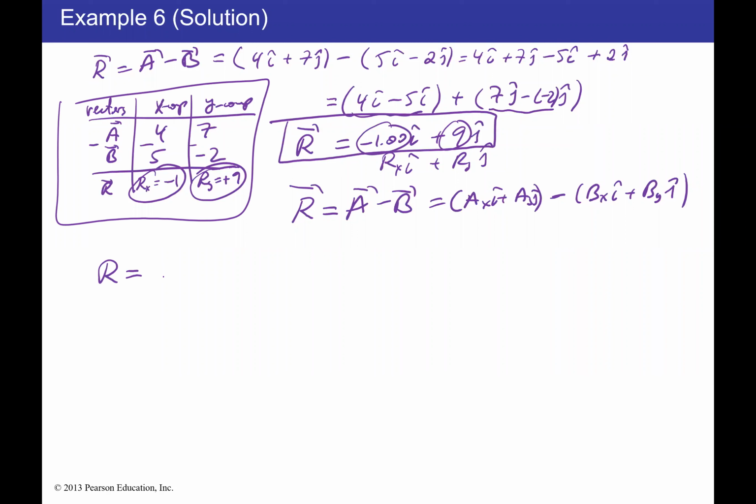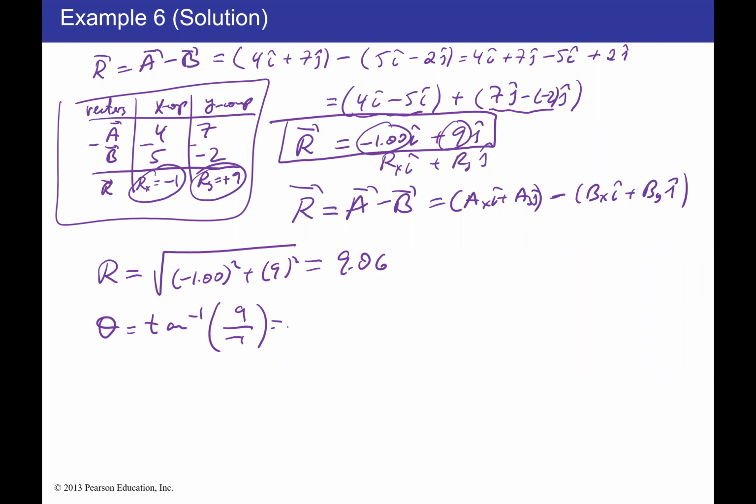I can find the magnitude by using the components: negative 1 squared plus 9 squared, which is 9.06. And then inverse tangent of 9 over negative 1, so then we get the direction, negative 83.6 degrees.